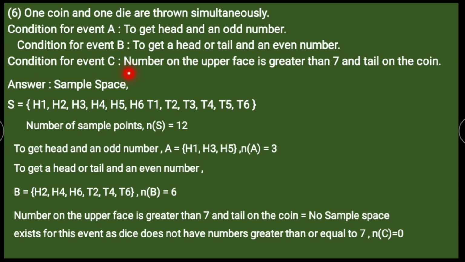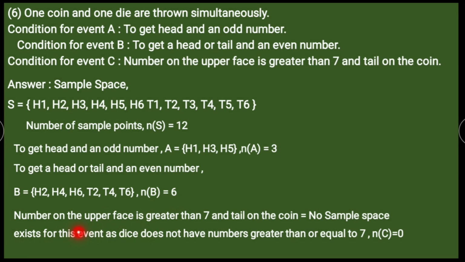Then last, the number on the upper face is greater than 7 and a tail on the coin. We know that here we get numbers 1 to 6 on the die. That means there is no number greater than 7.